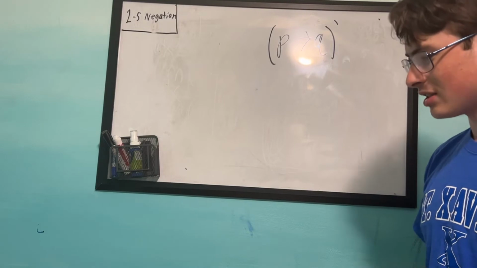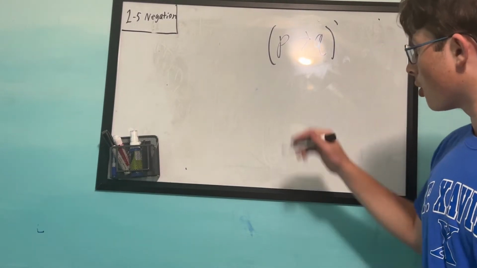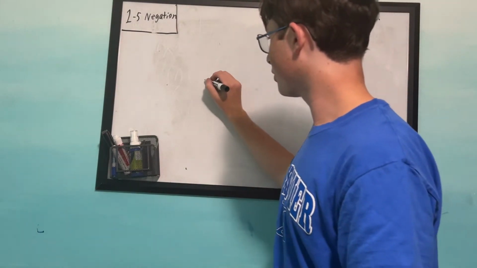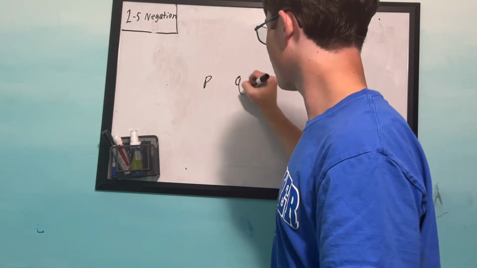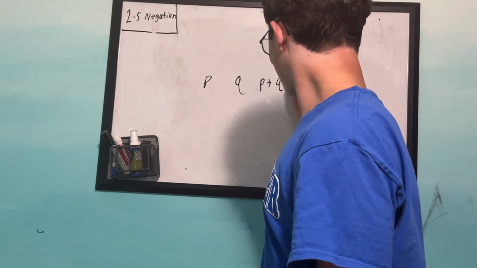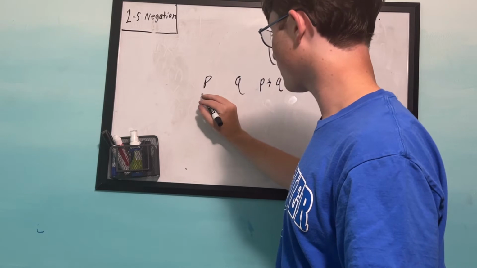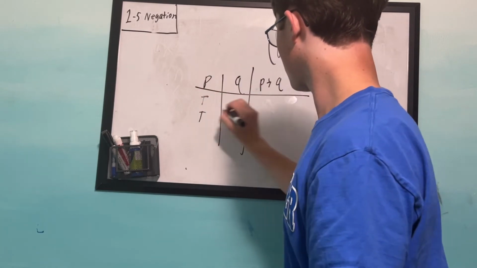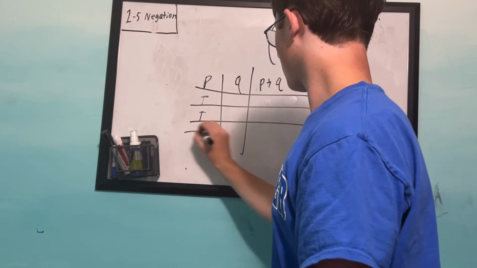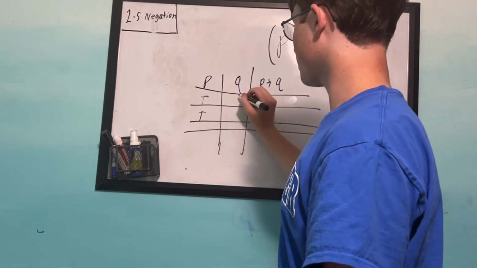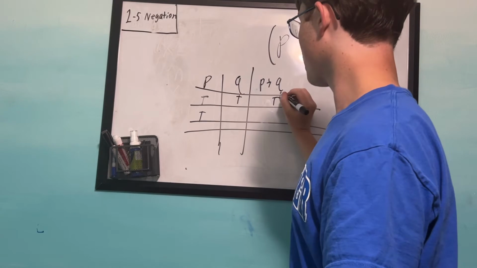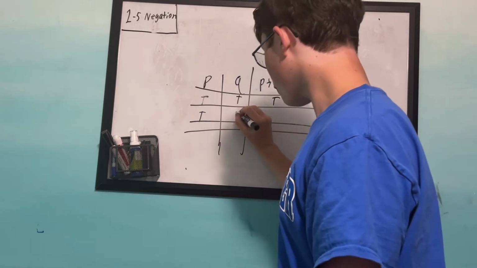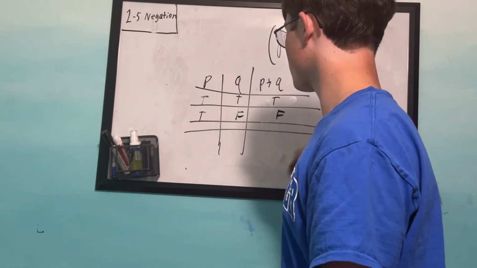This one is slightly less intuitive, but if we go back to the chart that we used in the previous unit, we have if P is true and Q is true, then P then Q is true. If P is true and Q is false, then P then Q is false.